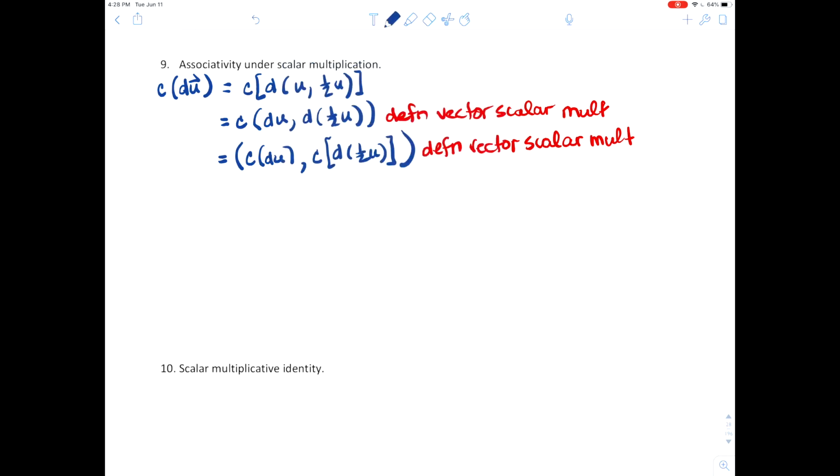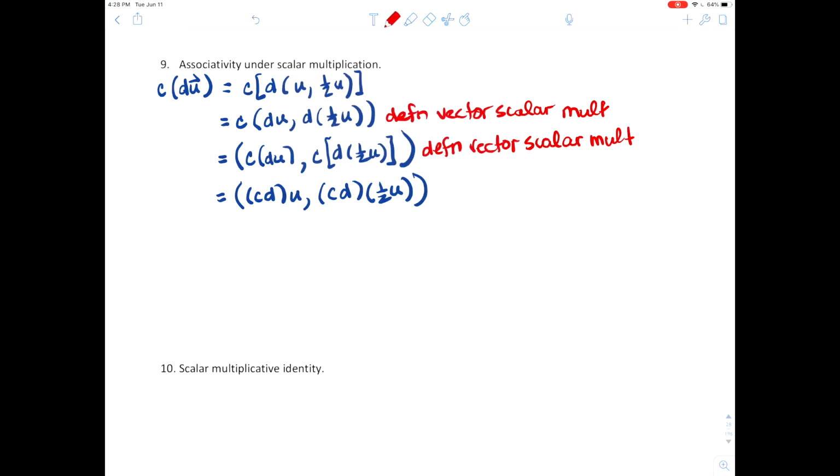And then we'll have, now what property of real numbers might be useful? If we group the C and the D instead of the D and the U, right? Using the associative property for real numbers. So now we'll have C times D and then times U for the first component, and then C times D times 1/2 U, where each of the pairs are grouped.